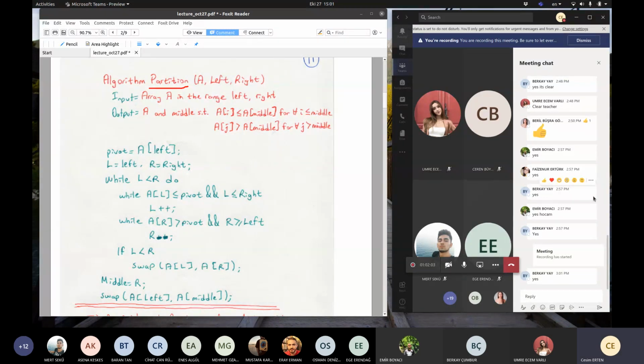Are there any guesses regarding the running time of the partition algorithm? Is it n? Is it n log n, n square, 2 to the n? What is it?